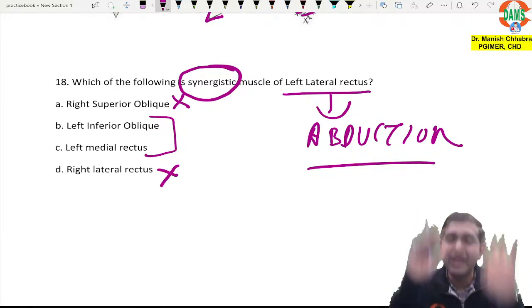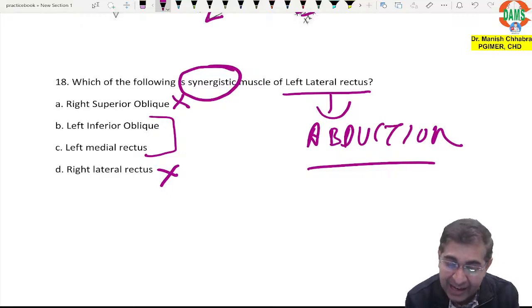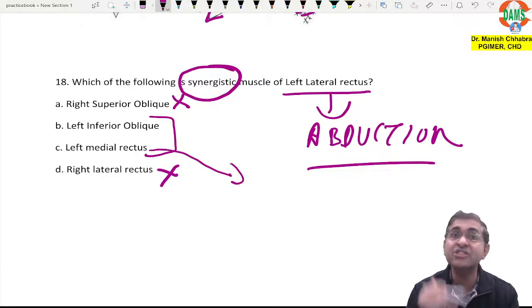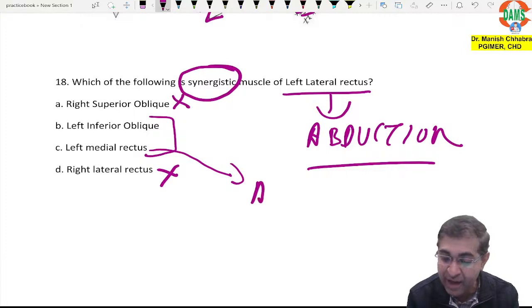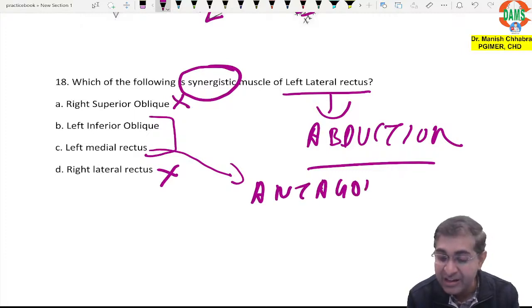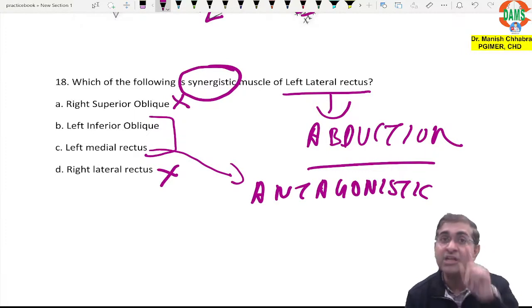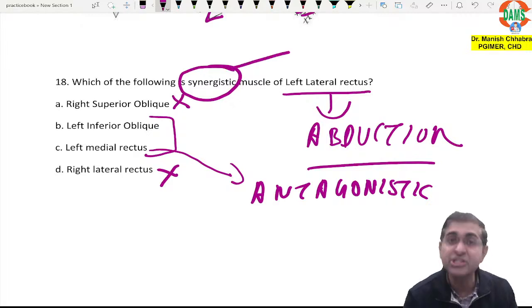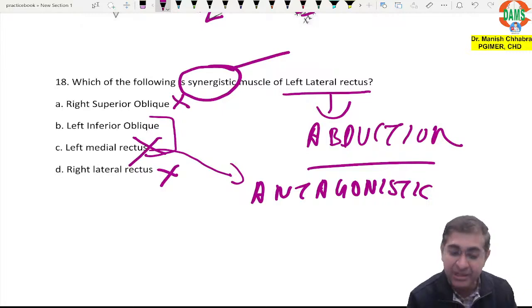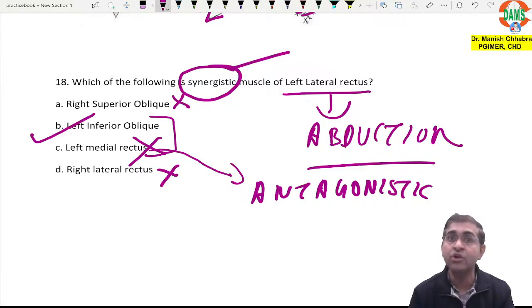Even if you don't know anything, so can left medial rectus have a synergistic action? No, it is going to have an antagonistic action. Why? Because the left lateral rectus causes abduction while left medial rectus causes adduction, opposite action. Now, how can it be synergistic? It cannot be synergistic. Yes, so you can eliminate this. The answer is left inferior oblique.